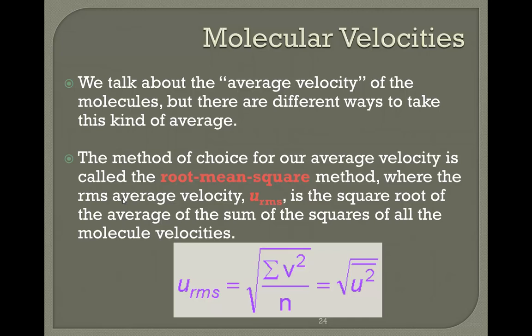The method of choice for our average velocity is called the root mean square method, where the RMS average velocity is the square root of the average of the sum of the squares of all the molecule velocities. And it's actually far easier to calculate than it sounds.